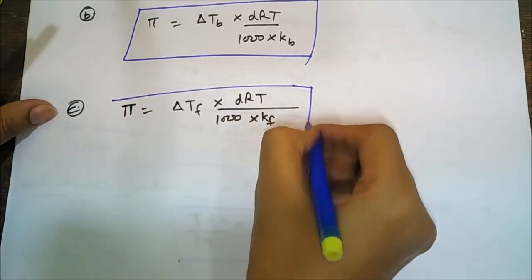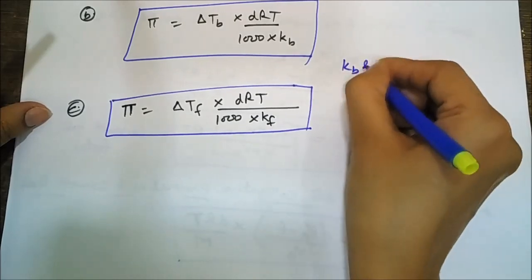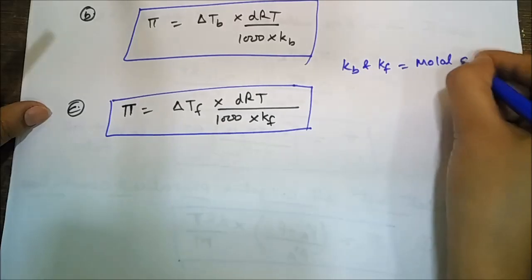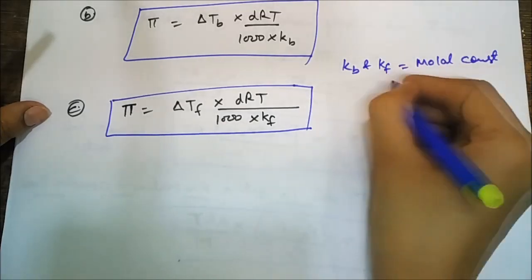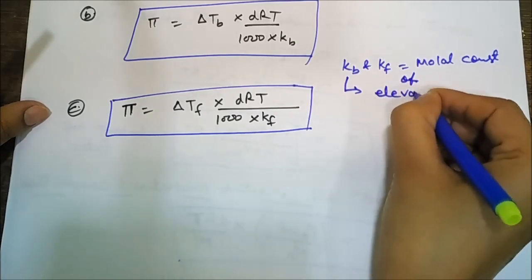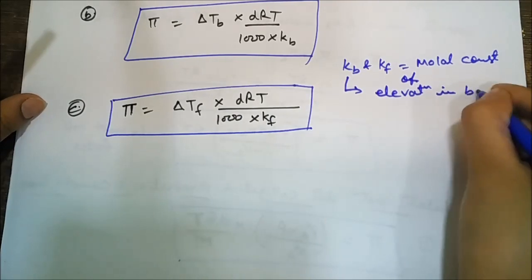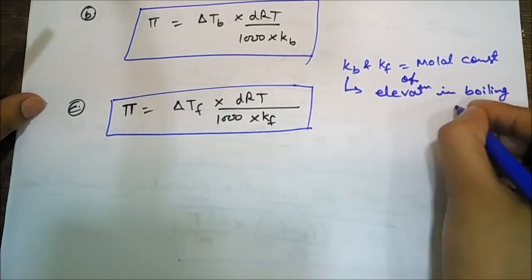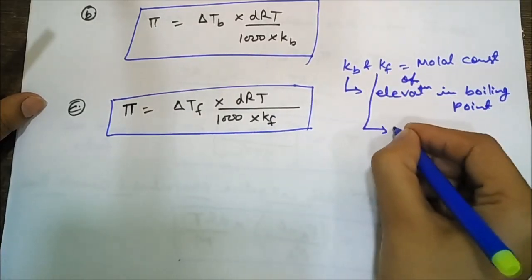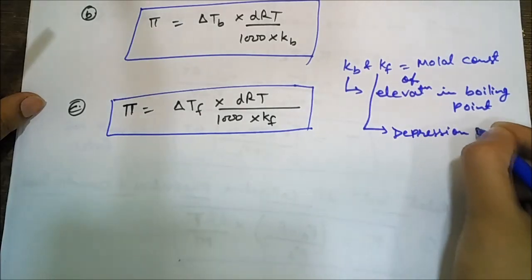This is for depression in freezing point. Here KB and KF are molal constants, KB of elevation in boiling point and KF of depression in freezing point.